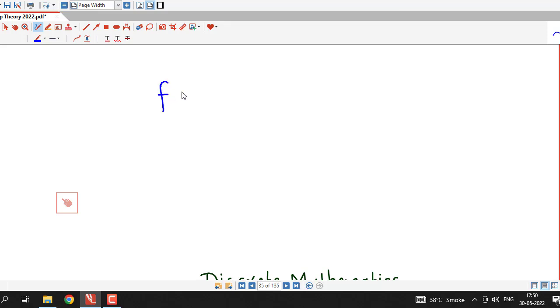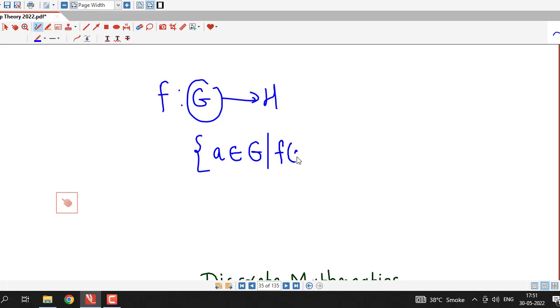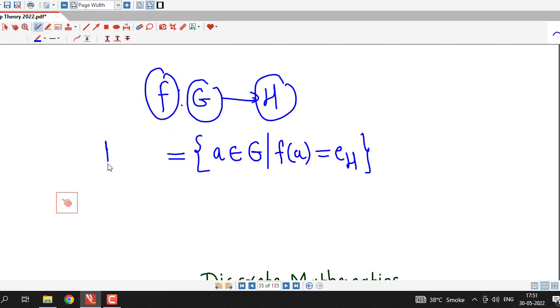Suppose F is a homomorphism from group G to group H. Then we collect all elements A in group G such that the image of that element under homomorphism F equals the identity element of group H. Then this set is called kernel of group homomorphism F and it is denoted by KERF, or some authors are using small k also.